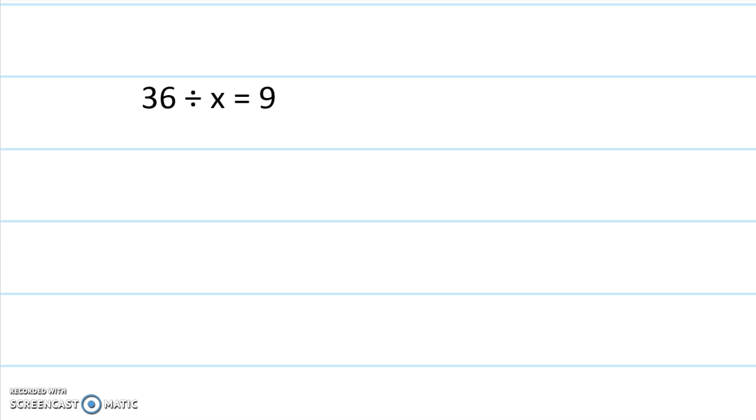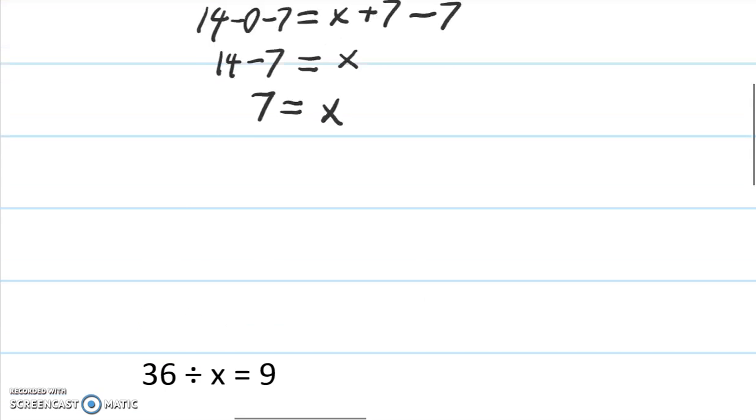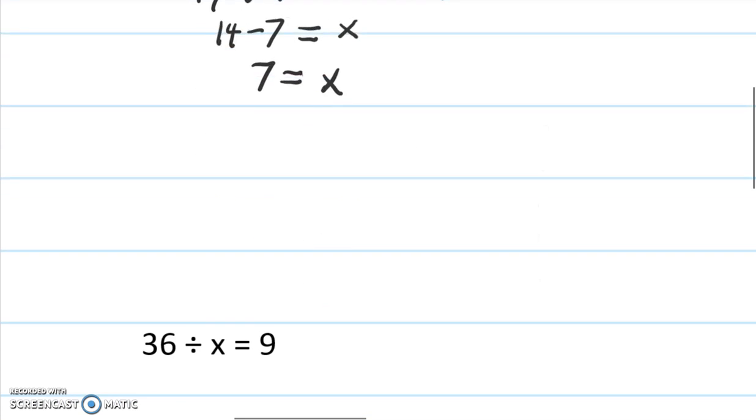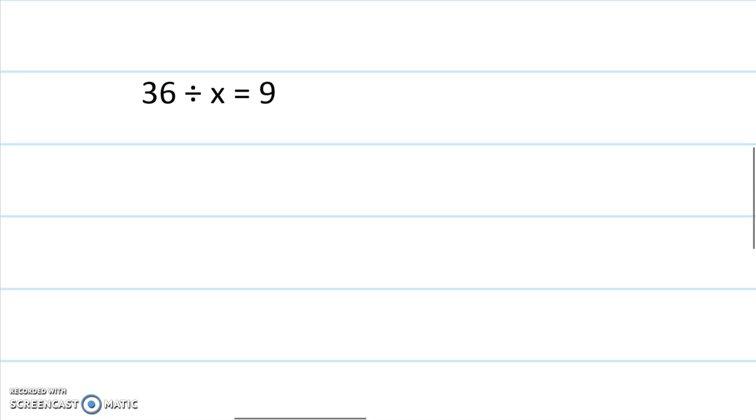We have 36 divided by x equals 9. First thing you need to see is that we need to get the x by itself. But just like our subtraction one, where the minus was attached to the x, our division is now attached to the x. So we have to be careful.